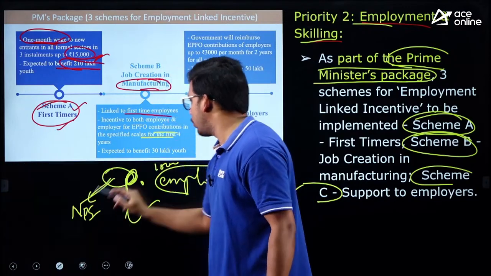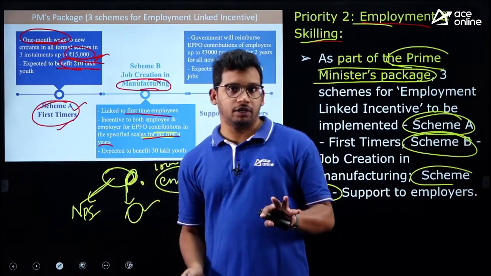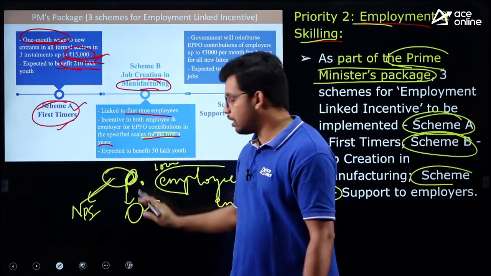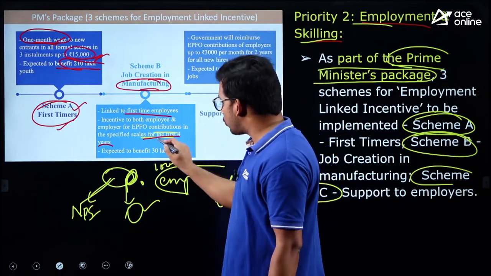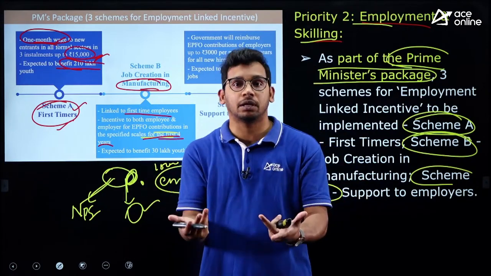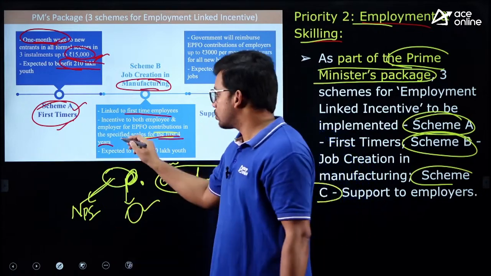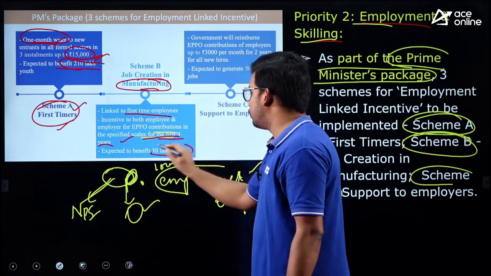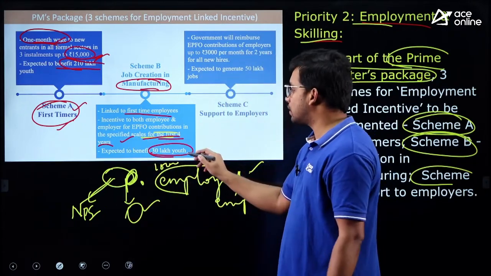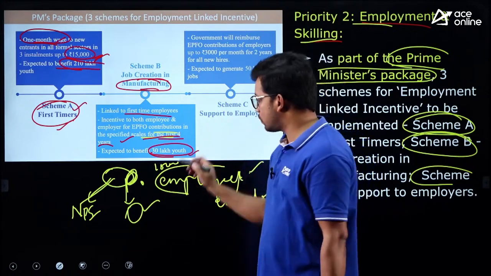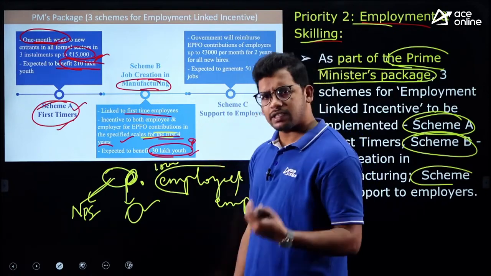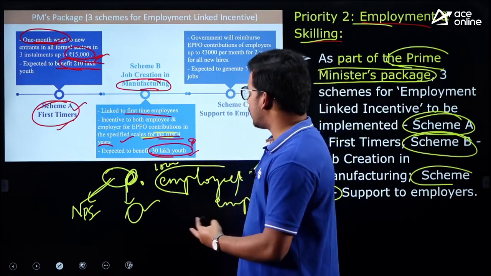For the first 4 years you need not provide anything separately for the pension of the employee, we are going to provide it. So it is encouraging private companies to recruit more as their burden has decreased, right? This is going to benefit approximately 30 lakh youth. This is also an important number. All these things can be asked in any type of exam, right?